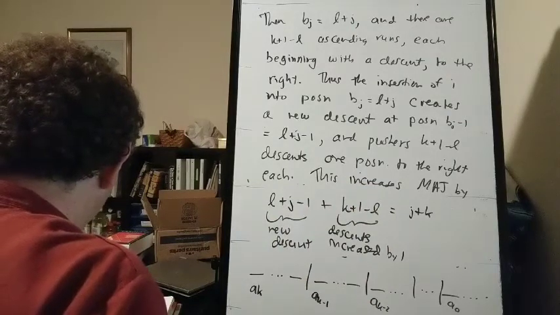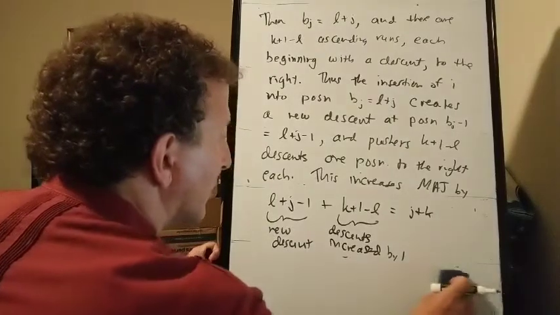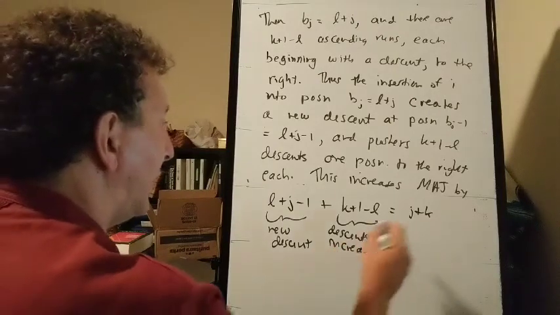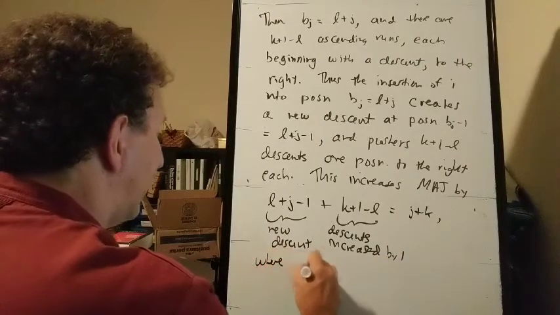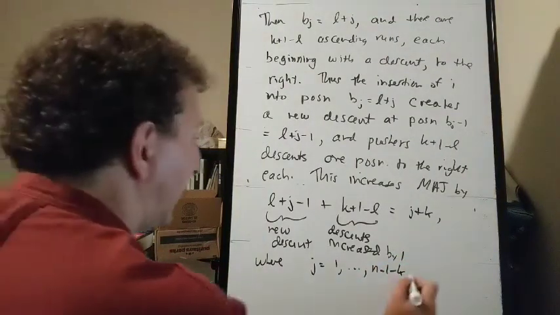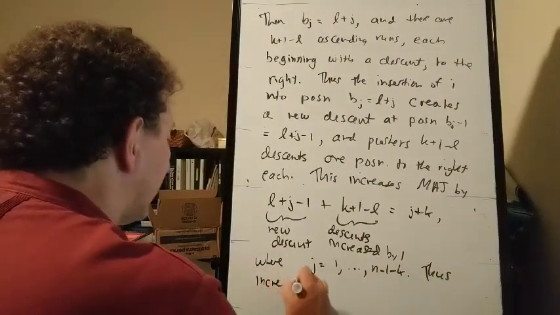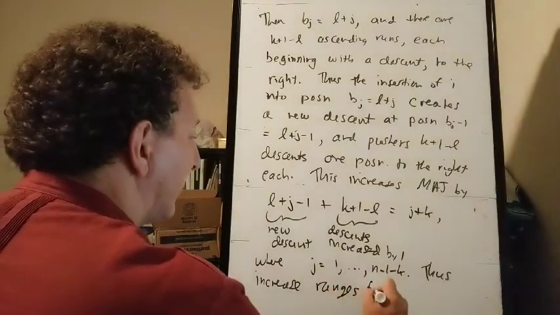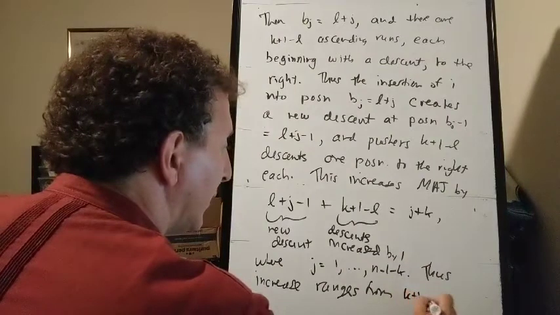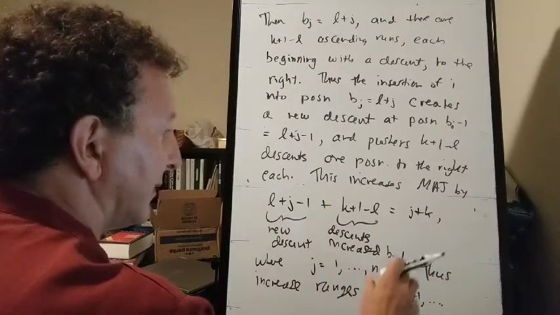The B's went from 1 to n minus 1 minus K. So that means that the increase ranges from K plus 1 up to K plus n minus 1 minus K. So that's n minus 1.